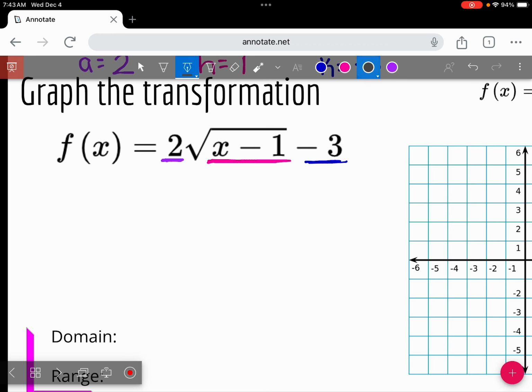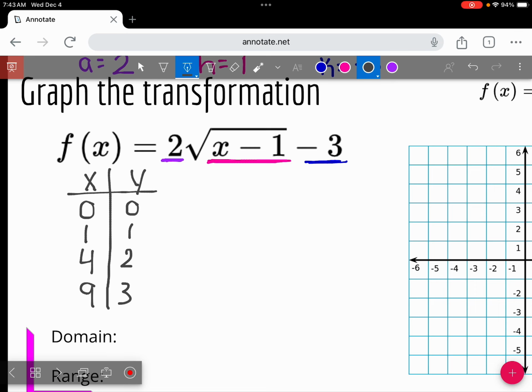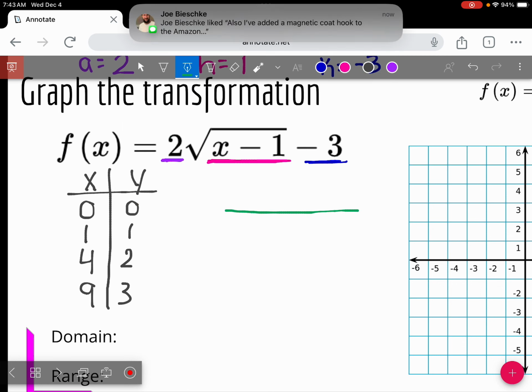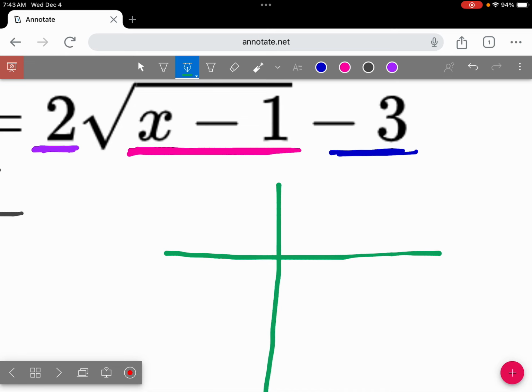So our parent table stays the same. It's the exact same parent table we wrote for the last 2. So our parent function, it's our x's of 0, 1, 4, and 9, with our y's of 0, 1, 2, and 3. The parent table does not change. We just use it as a tool. So when we do our transformations, I'm going to put our little process over here as well, where we take our x plus h and our y times a plus k.